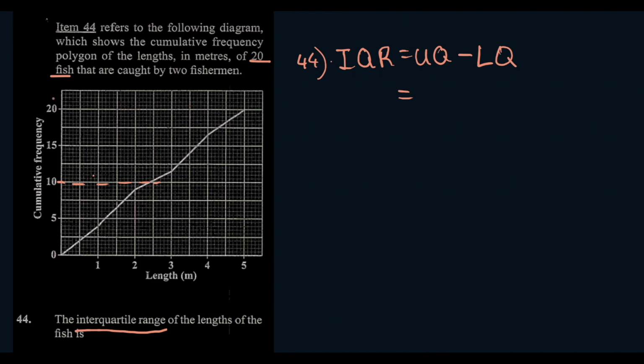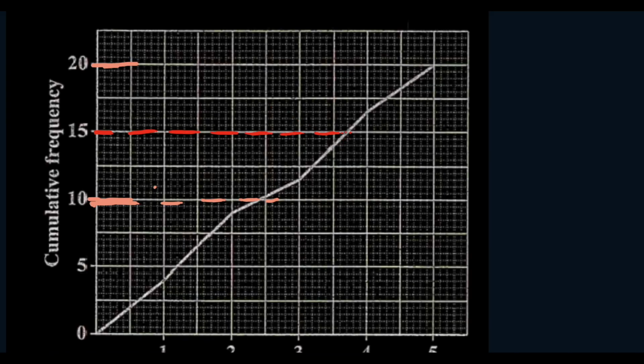Now in order to find the upper quartile, I need to figure out what's in the middle of 10 and 20. So that's going to be 15. If I come through here and hit this spot, let's zoom in so you can see. As you can see here, we have the 15 coming straight to this point and intersecting with this line. So we can draw it straight down.